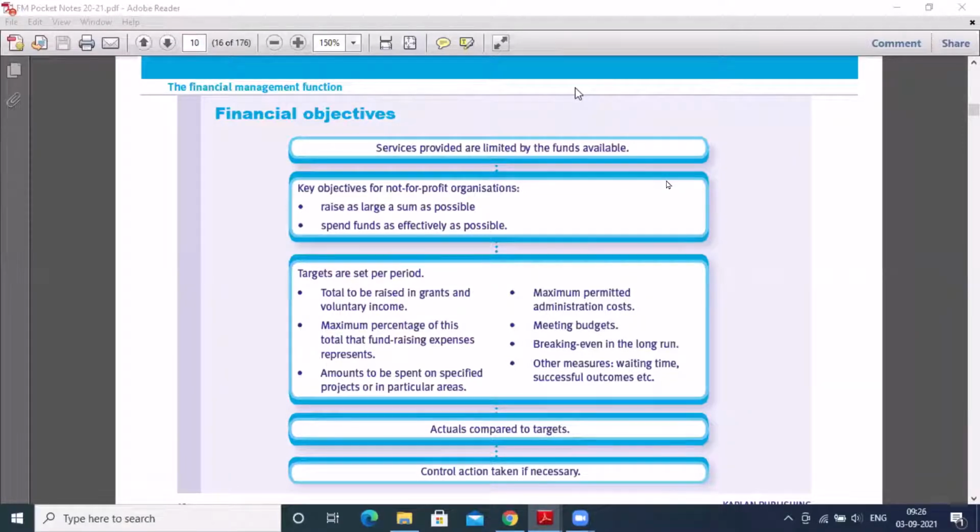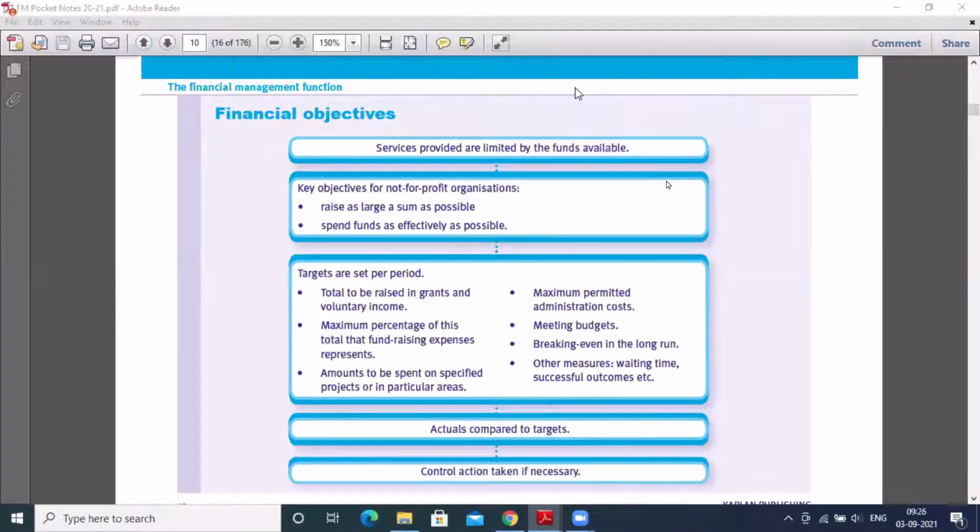And the maximum permitted administration cost. This is a very, very important point for a not-for-profit organization. So what is the maximum permitted administration cost? If there is no limit for the administration cost, definitely there is a possibility that misuse of funds will be raised.